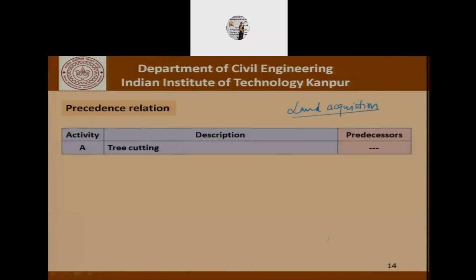So unless the land acquisition has been completed, there's no question of cutting trees. In fact, if you read literature as far as road construction is concerned, you will realize that land acquisition is often a bottleneck as far as construction work in highways is concerned.